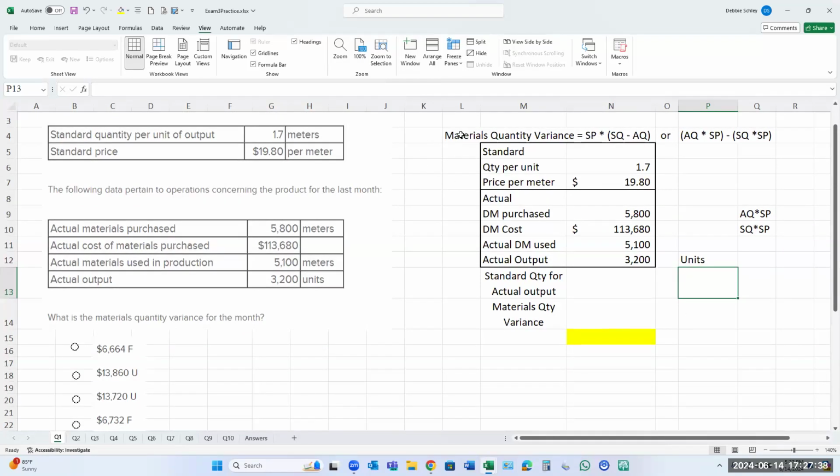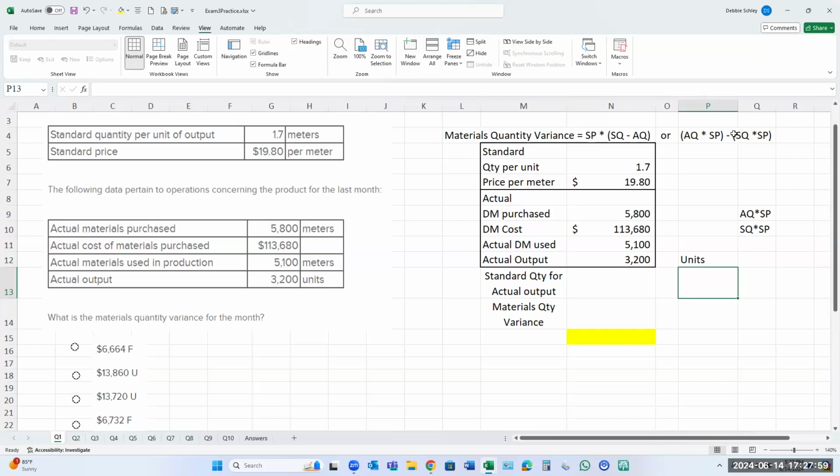So if you recall, figuring a quantity variance, we need to have the standard price times the actual quantity minus the standard quantity times the standard price.